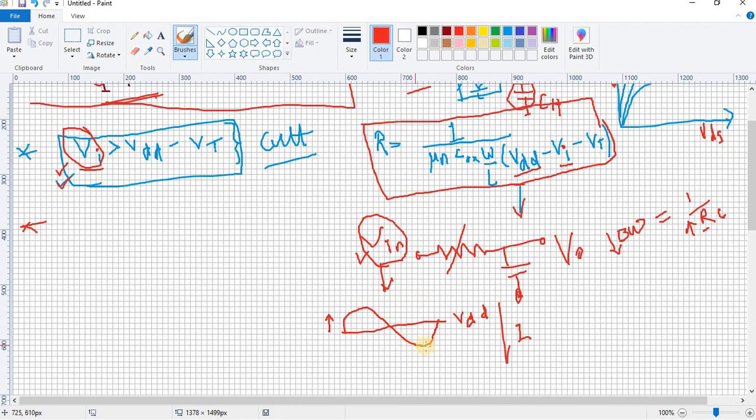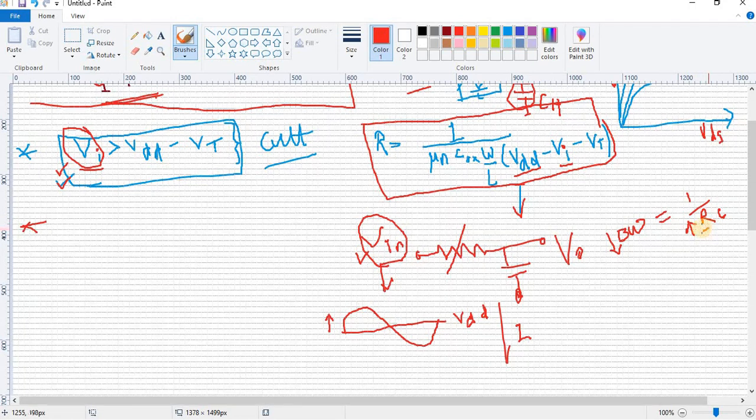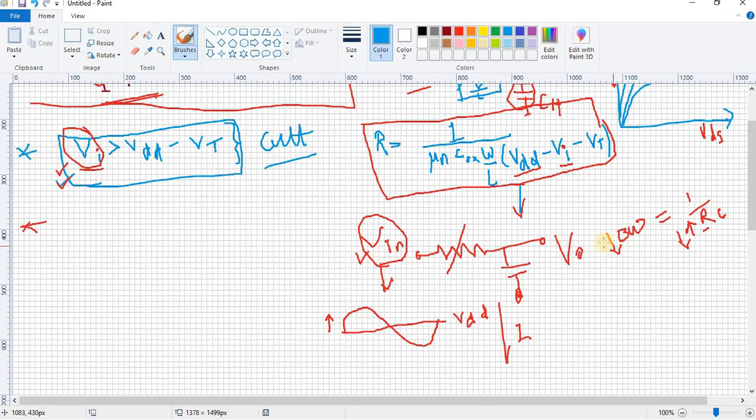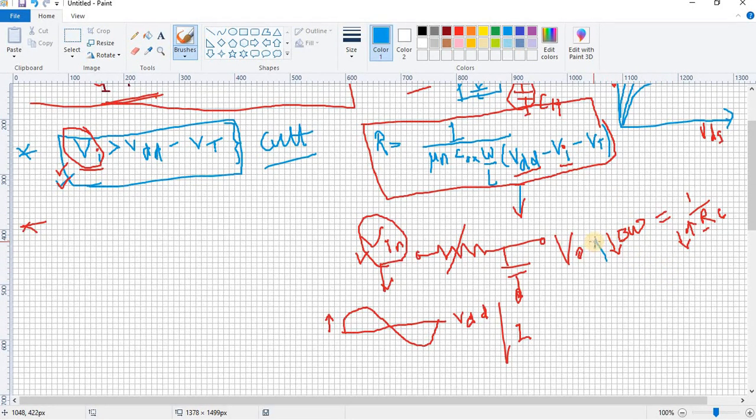And for the smaller values of V input, resistance should be less. If resistance is less, bandwidth should be more. So the signal will transmit well if the input sinusoid value is less.